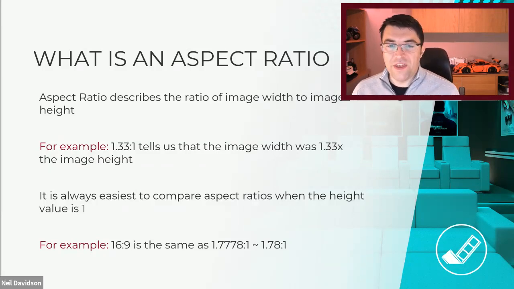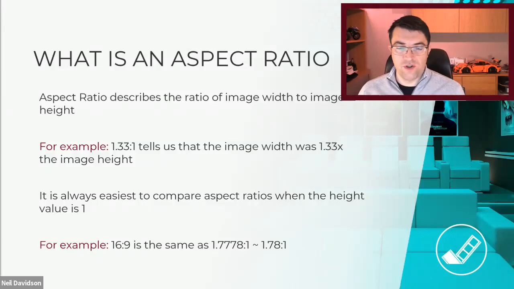Now, one thing for the rest of this training, and in general, this will be much easier for you. It is always easiest to compare aspect ratios when the height value is 1. So for example, 16 to 9 is the same as 1.77778 to 1, which normally gets shortened to 1.78 to 1.